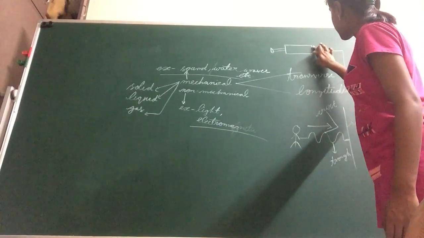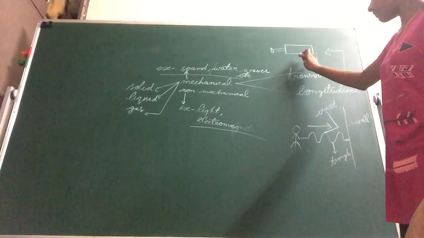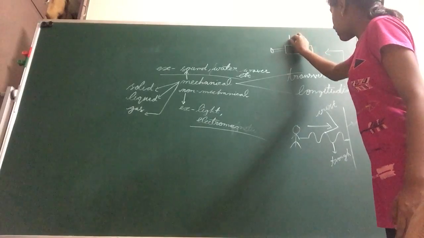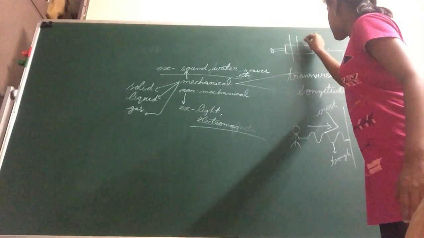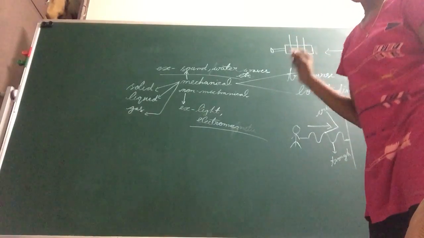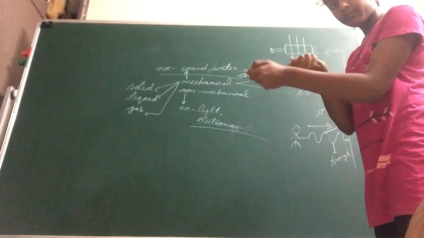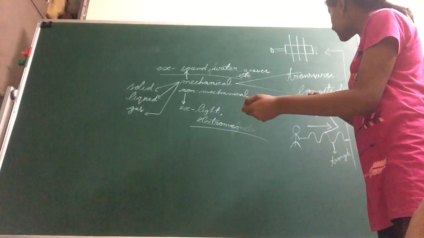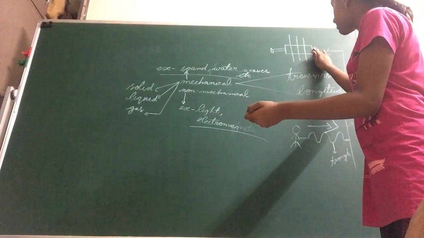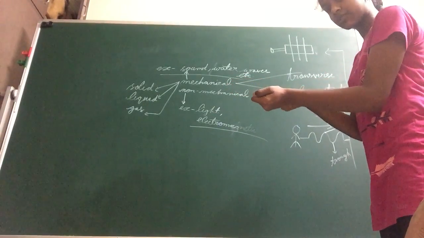So in the diagram it will practically look like this. Now I'm going to draw some sections here. And now when you pull the syringe, you collect the air and then you close this end and try to push it.